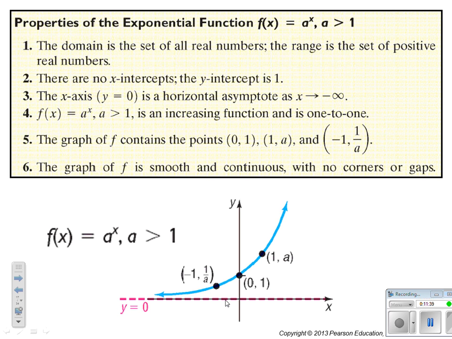So when you do this on the little quiz or the practice, and it's asking you to click points to create the exponential function, make sure you're clicking on 0, 1, 1, whatever your base is, and negative 1, 1 over whatever your base is. The graph is smooth and continuous with no corners or gaps.